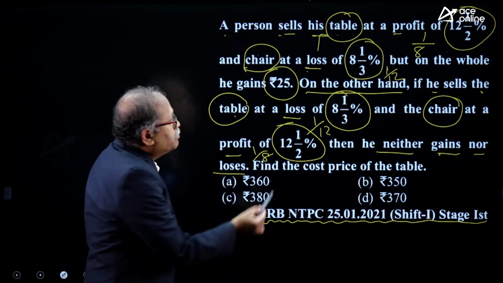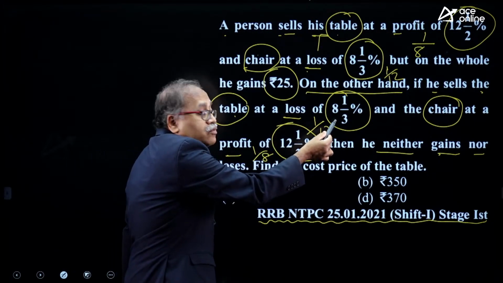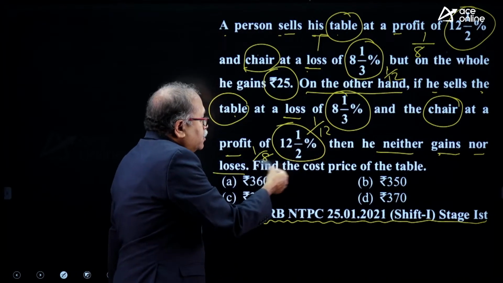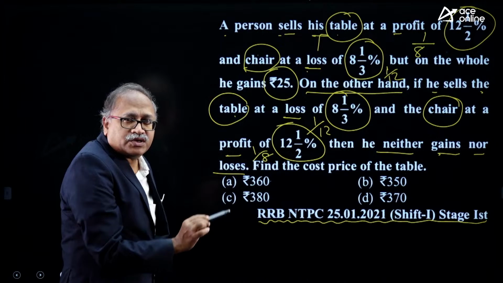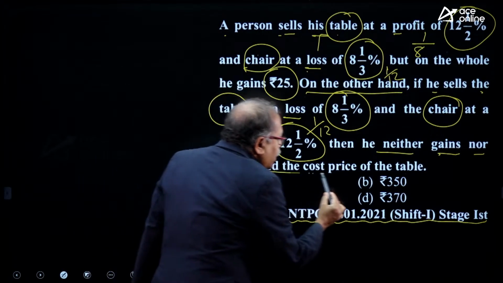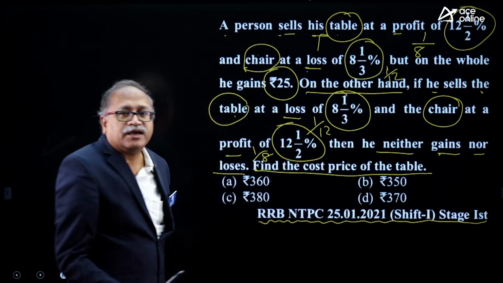You are understanding the impact of this? So one part fraction of this will be equal to the fraction of the other part of table or chair. Okay. Now find the cost price of the table.